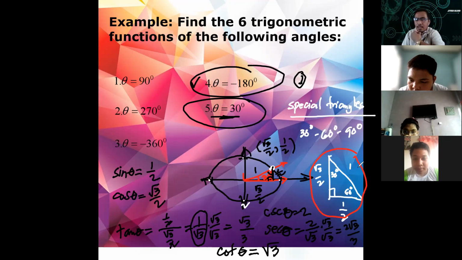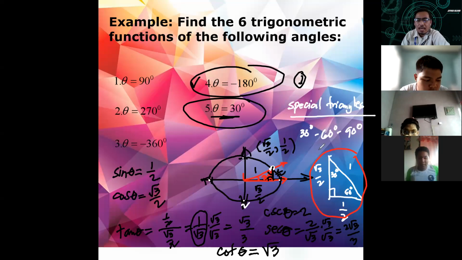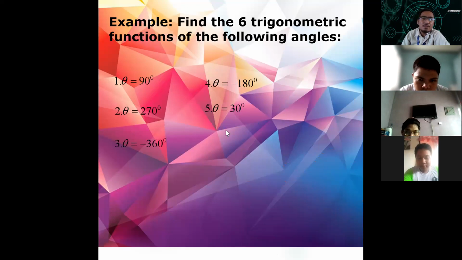Okay, we will discuss that after this one. We still have one more topic next to this. Then we will proceed to the special angles that we will be considering, so special formulas and theorems. Okay? Let us have the next one.